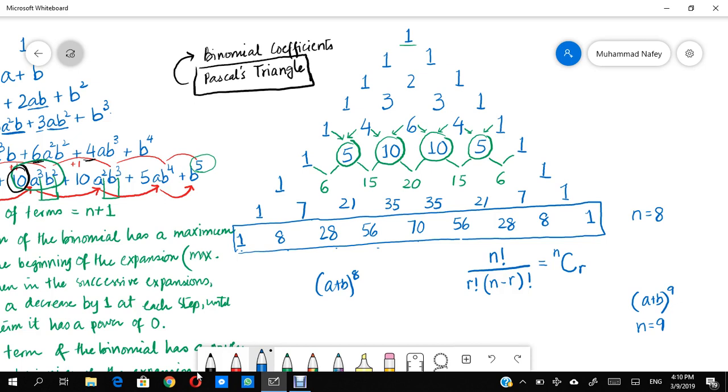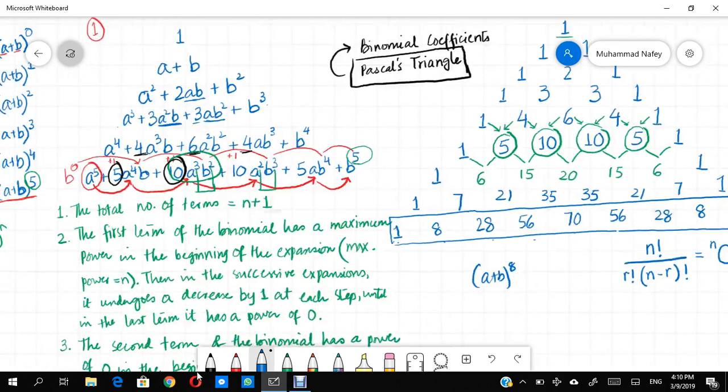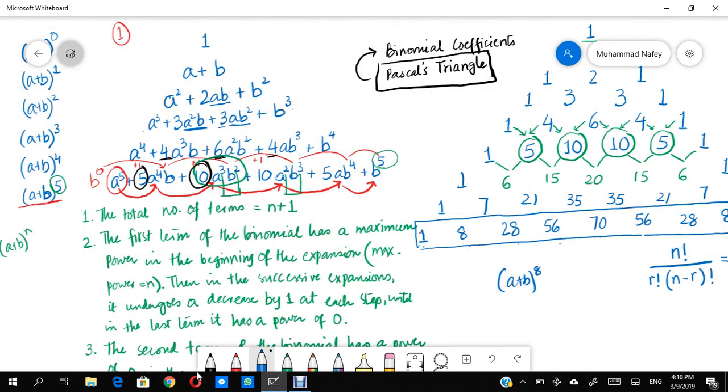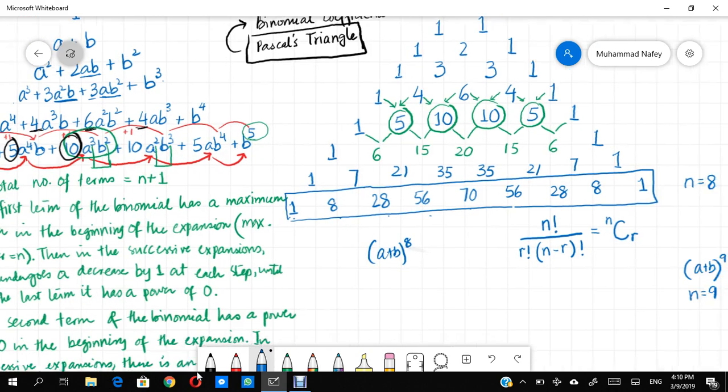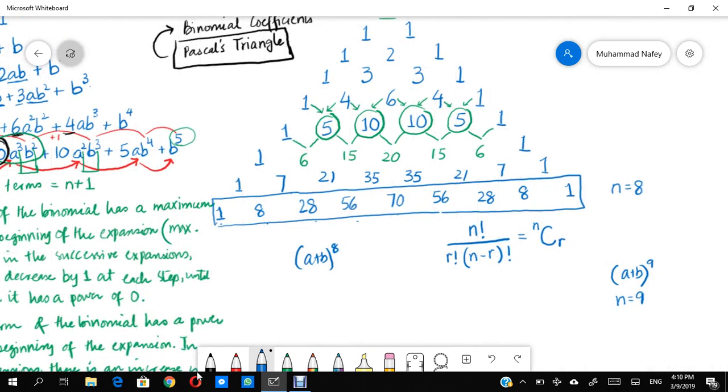We know that the first term will always have a coefficient of 1. We discussed that and we saw it in this triangle, that when we had (a + b) to the power of 5, the first term had a coefficient of 1. So things actually start off from the second term of the sequence. So r is the term number starting from the second term.